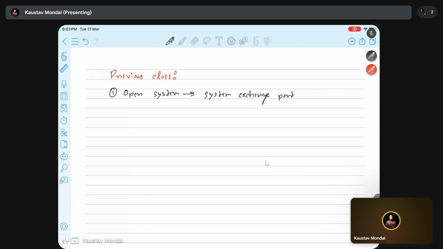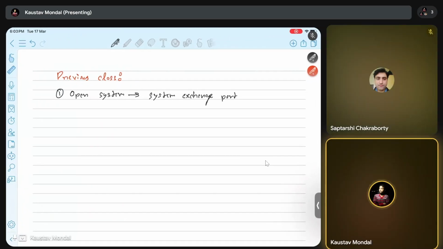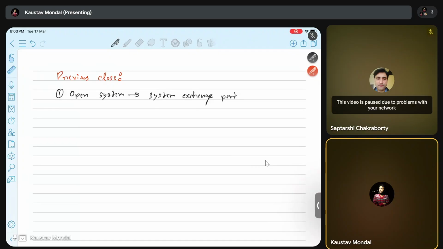And the fourth one is the diathermic system, where the system can exchange heat with the surroundings. Okay, so there are primarily these four types of systems.